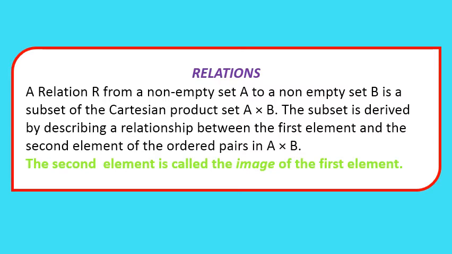So here the second element of the ordered pair is called the image of the first element, and the first element is called the pre-image of the second element. Okay, I hope I am clear. So relation is the subset of the Cartesian product of two non-empty sets A and B. I hope I am clear. So pause and note down the definition.